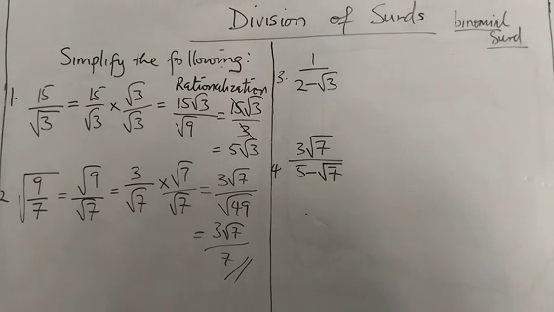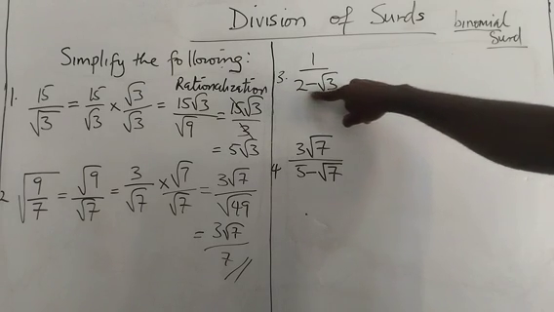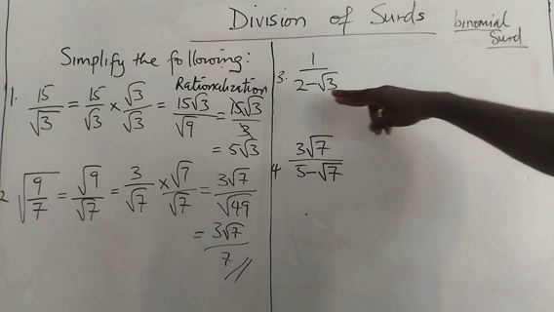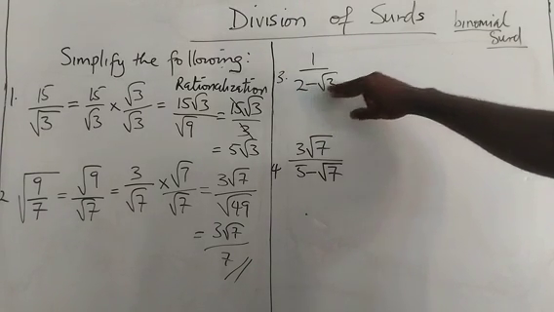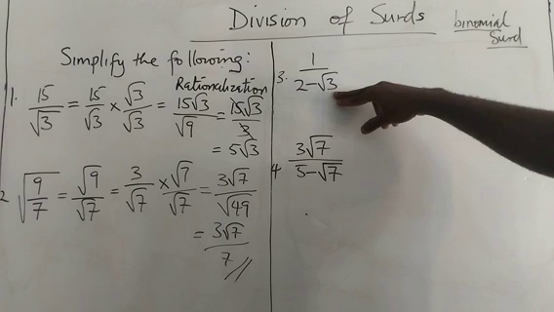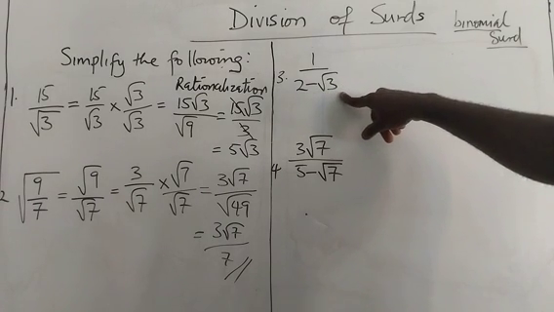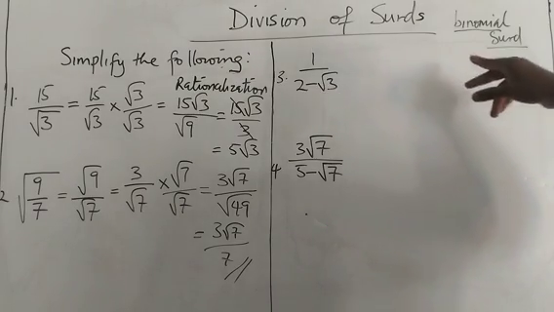And what do we mean by binomial surd? If you look at this denominator, you discover that 2 terms are there. We have 2 and minus root 3. It's compound in nature. So we say it is a binomial denominator.